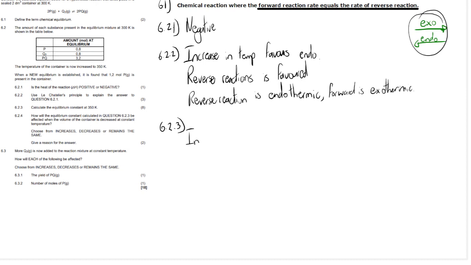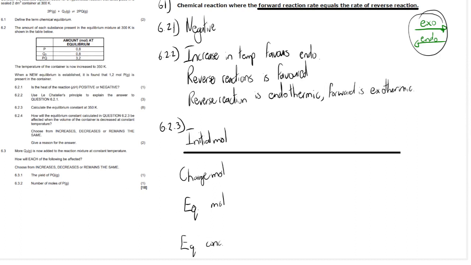That means our initial mole, and then our change in mole, and then our equilibrium mole. And then we can finally go to the equilibrium concentration. So that's my ice table.